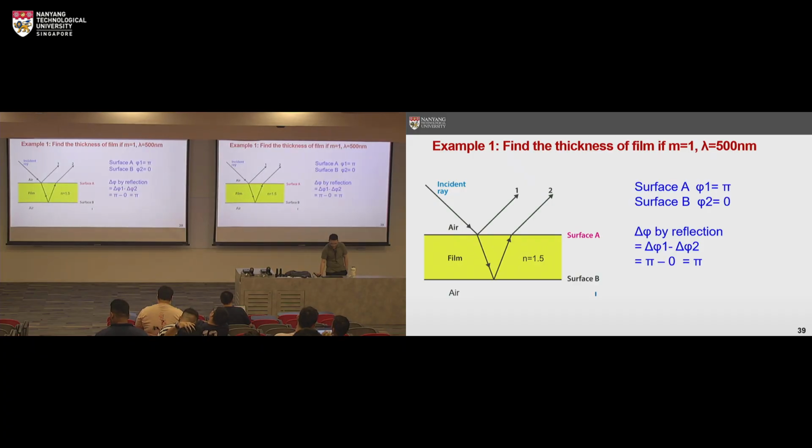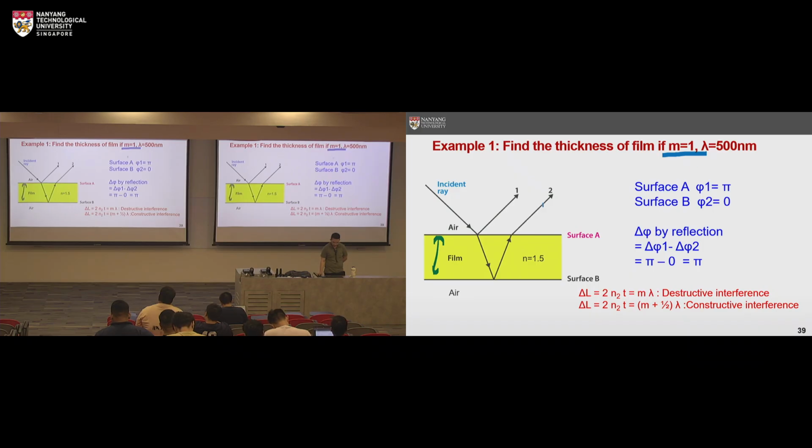Okay, so here I show you one example. Here I say this is a structure with air, film, air again. Please find the thickness of this film. Okay, so if I say that the order is 1, we just need to focus on the first order. So the first step is you need to identify where the thin film is.